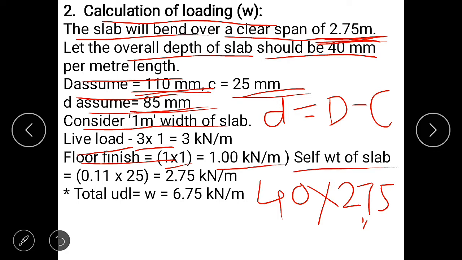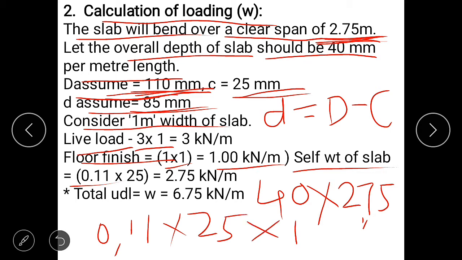Self weight of slab. The formula to calculate self weight of slab is density of concrete into depth into width. So density of concrete is 25. Depth of slab, D, in meter is 0.11, and width is 1 meter.